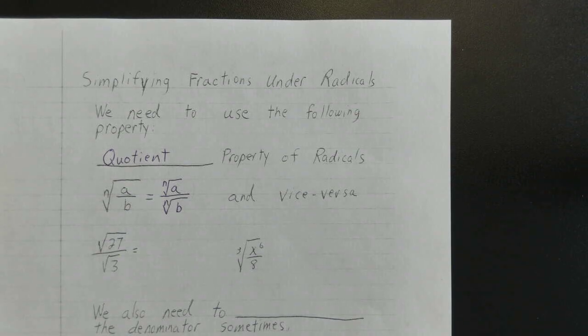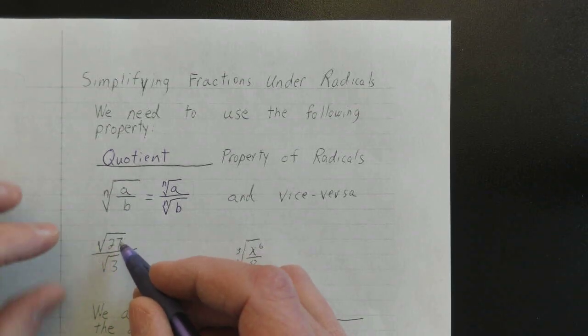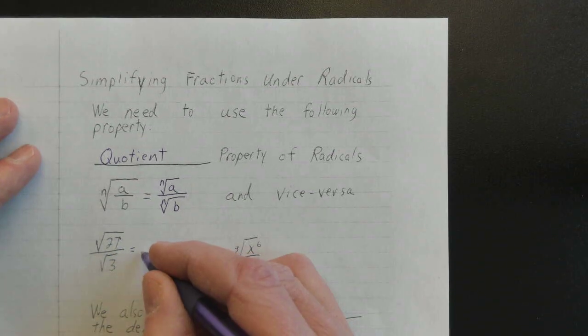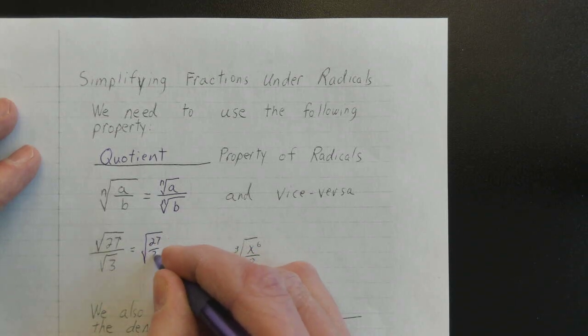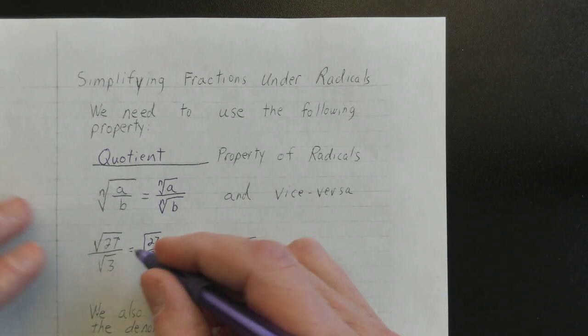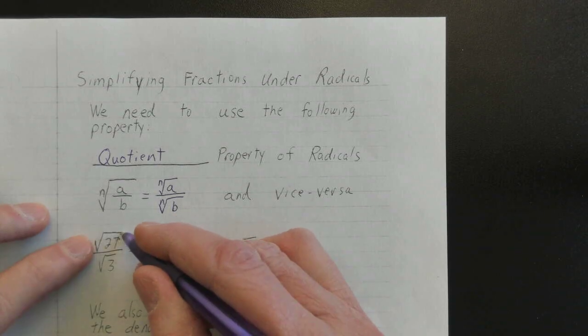Now, I would be tempted on this one. You could simplify this, and then simplify some more. But I would be real tempted on this one, if you look ahead a little bit, to make this into one radical of the fraction, instead of radical over a radical.